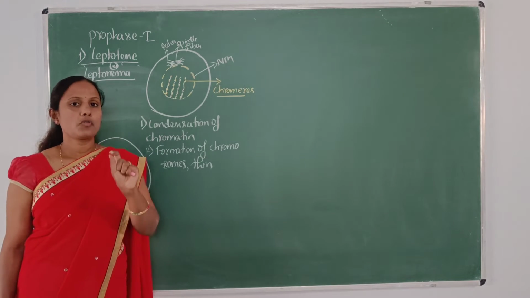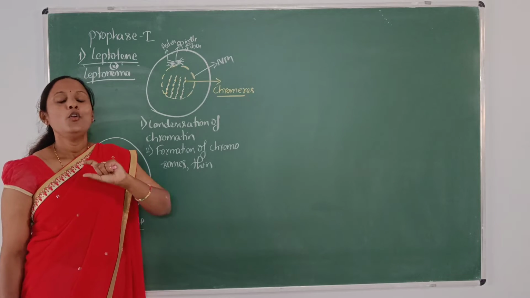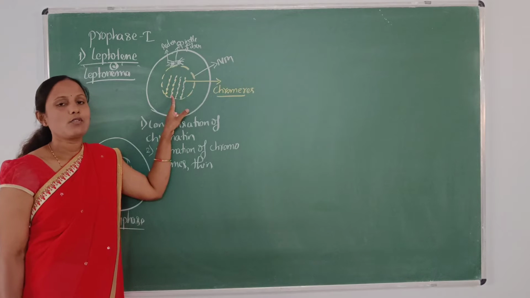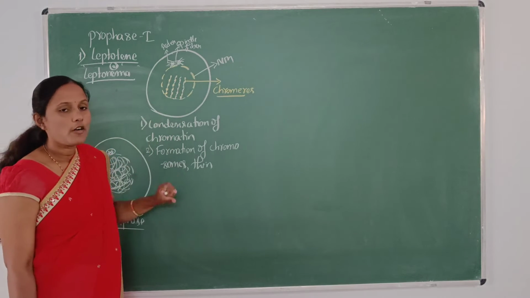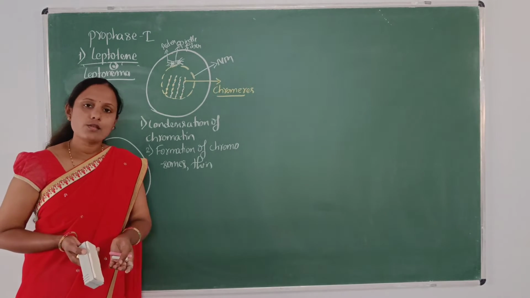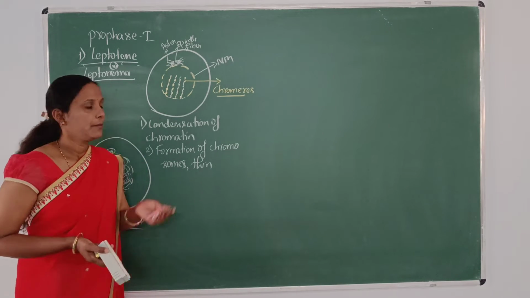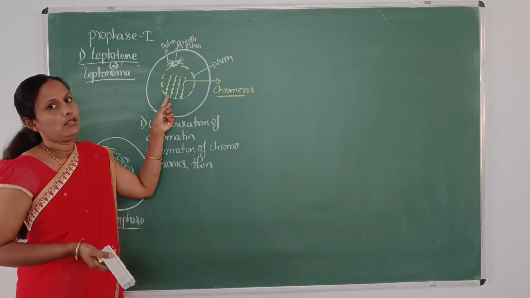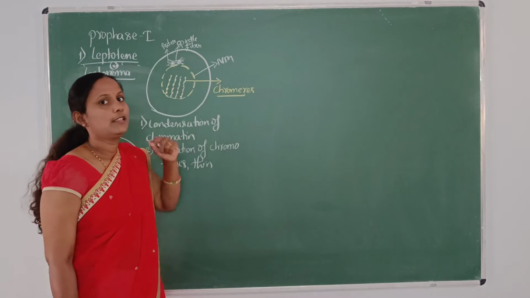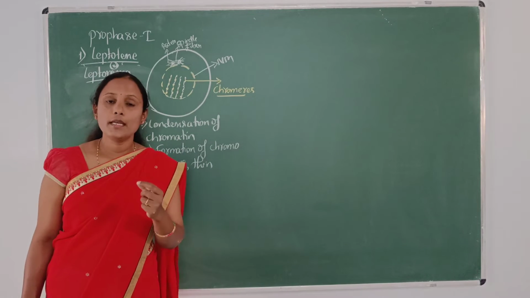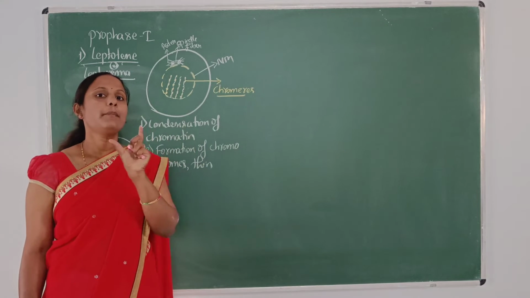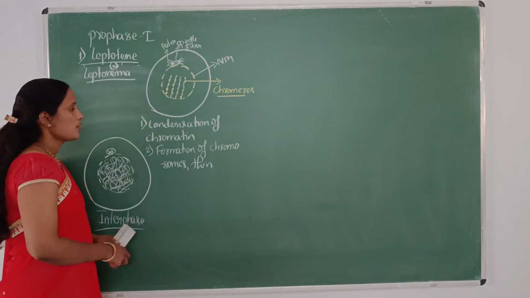Within those thin chromosomes, the chromatin is loosely arranged, and at some regions on the chromosome there is a formation of nodule-like structures. Those nodule-like structures are also made up of chromatin, no doubt, and they are called chromomeres. These chromomeres are very important during the association or pairing of homologous chromosomes.